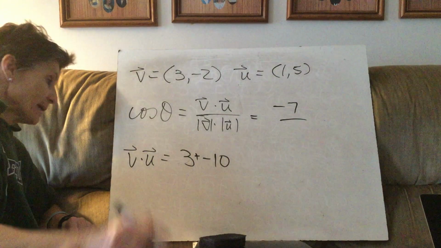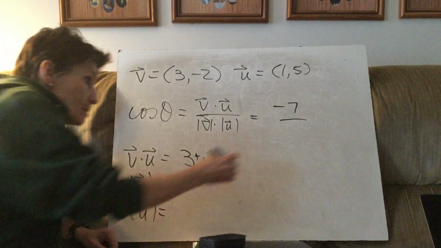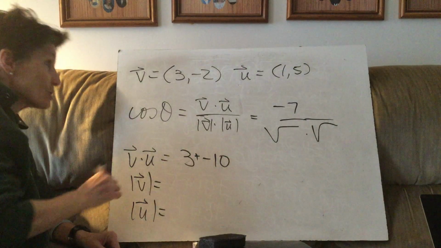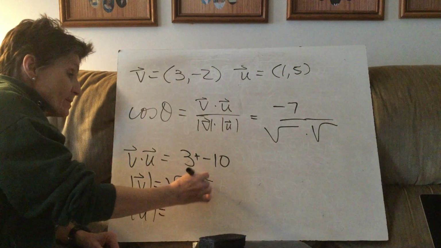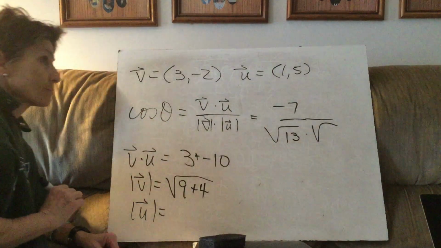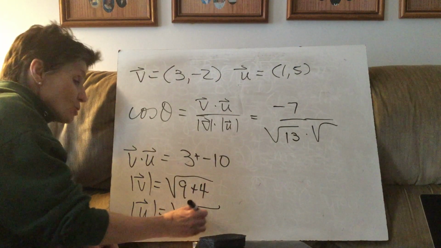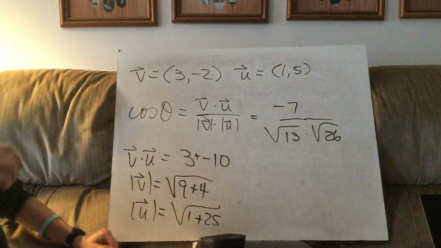Now we need to do our magnitudes. So there's going to be a couple of radicals down here. So the magnitude of v, we square the first one, square the second one, add them up, that's root 13. U, square the first one, square the second one, add them up, that's root 26.